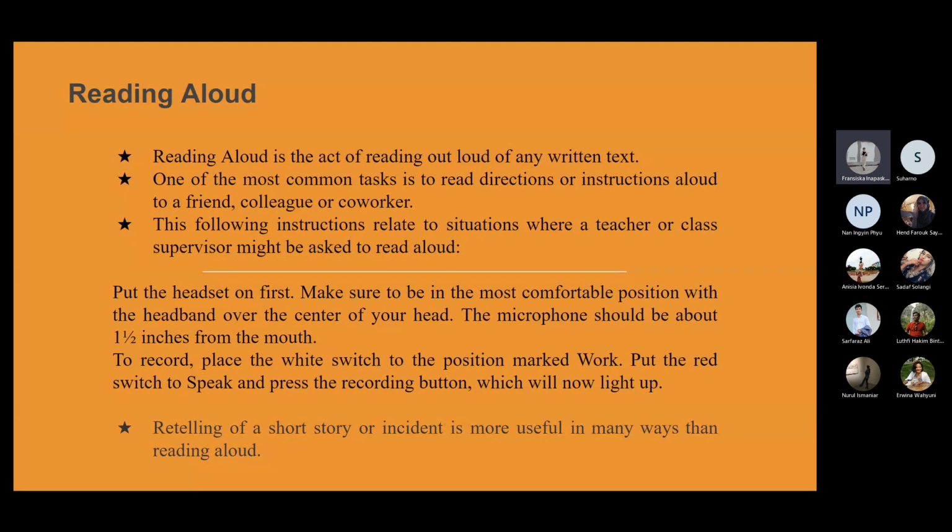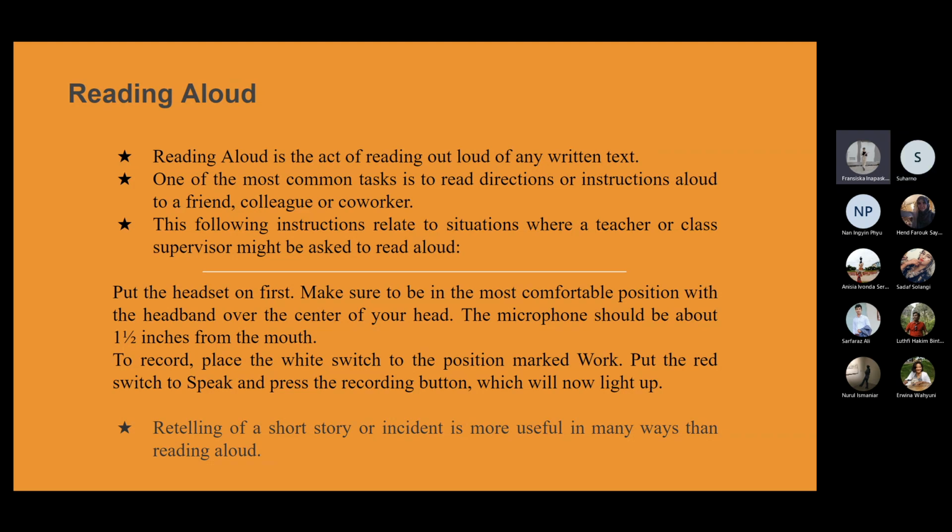Basically, reading aloud is not only learners' reading activity or teachers reading aloud, but the act of reading out loud of any written text by both the learners and the teachers.